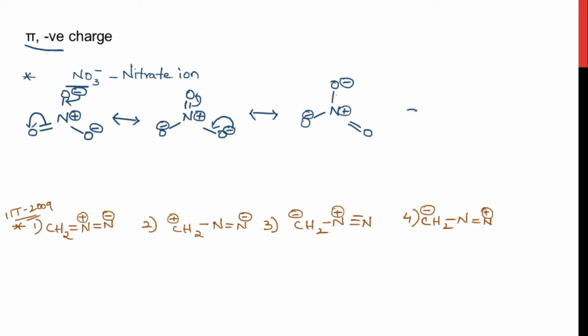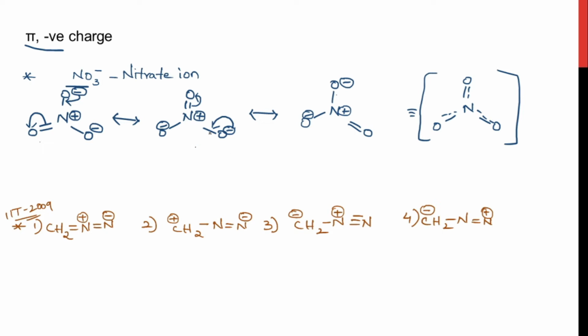right? So the resonance hybrid for nitrate ion would be, see, you can see the resonance throughout the molecule. You can see the resonance all over the molecule. So the resonance hybrid is represented like this. From this you can understand every oxygen atom is forming a pi bond in one or the other resonating structure. In this particular resonating structure, this oxygen is forming a pi bond.